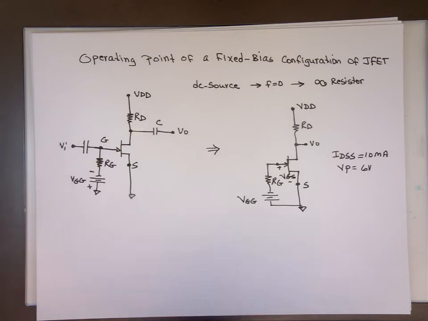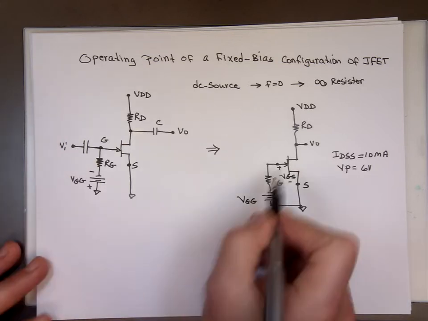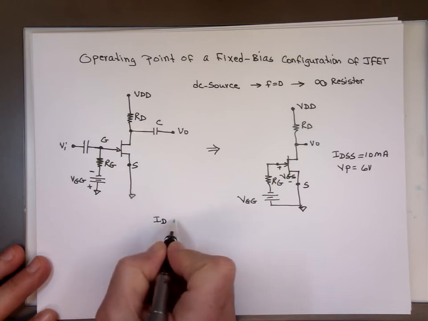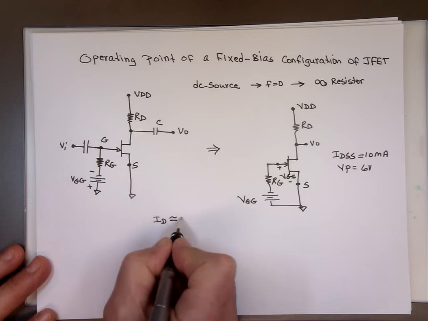Well, one thing we know about these JFET, that the current going through the gate is really in the nanoamps. So that's approximately 0.